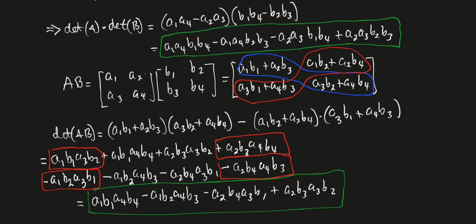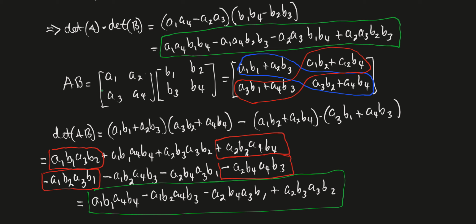Then in this term we have the A1, here's the B2, here's the A4, here's the B3. In the other negative term we have A2, we have A3, we have B1, we have B4, and then in the last positive term we have our A2, there's our B3, there's our A3, and then here's our B2, right?